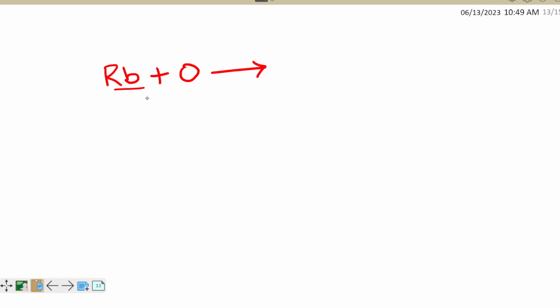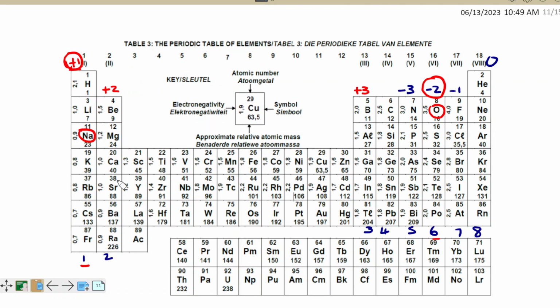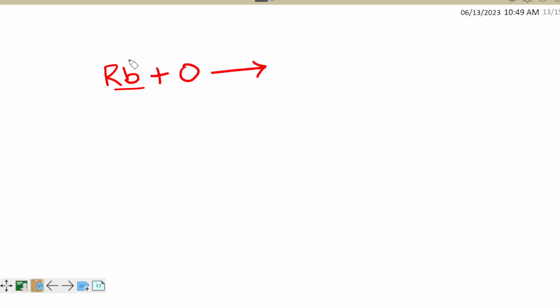We need to check where Rb is in the periodic table, and then we apply our knowledge. Now here is Rb. You can see that Rb is also in group 1, which means it also wants to donate 1 electron. Oxygen, we said it wants to receive 2 electrons. So we're going to put +1 here, going to put -2 here.